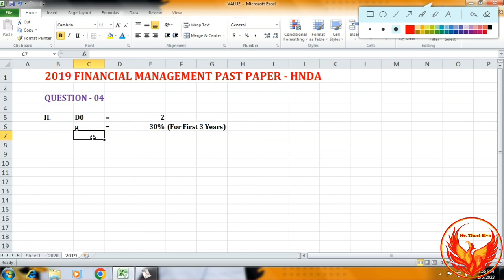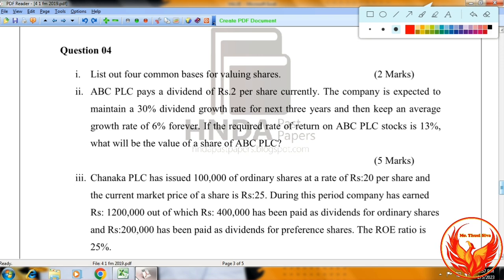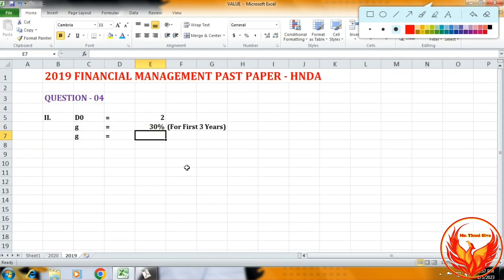After that, from the 4th year onwards, the growth rate is 6% forever.